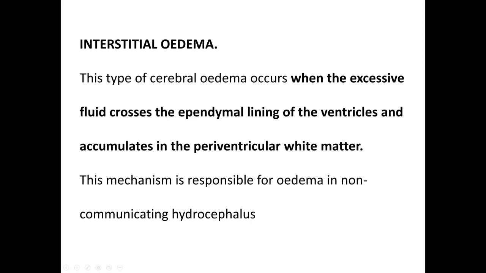This mechanism is responsible for edema in non-communicating hydrocephalus. Now, dear students, I have discussed the subject of edema, in particular the morphology of edema in lungs and brain, which I have discussed in detail.